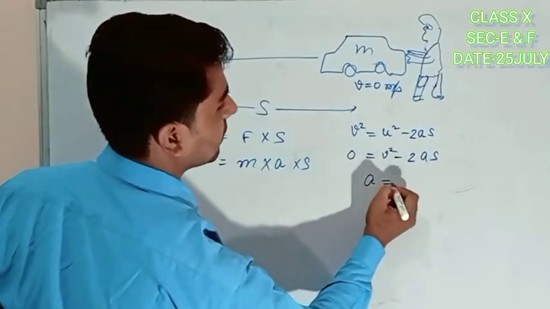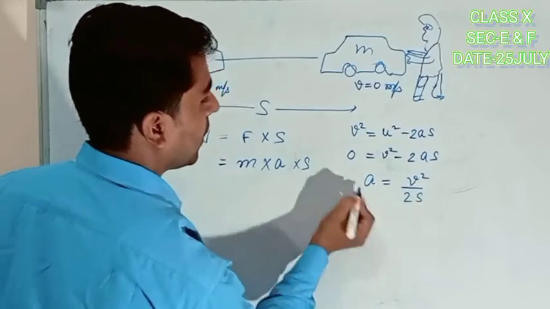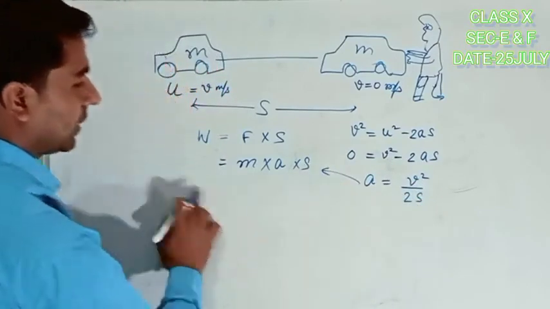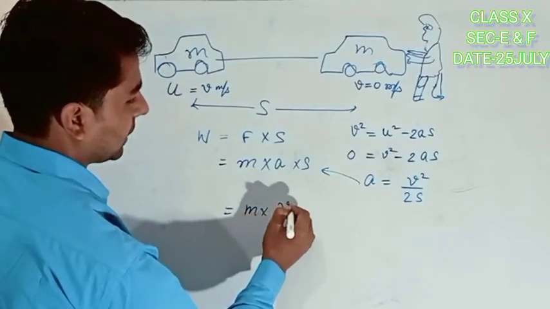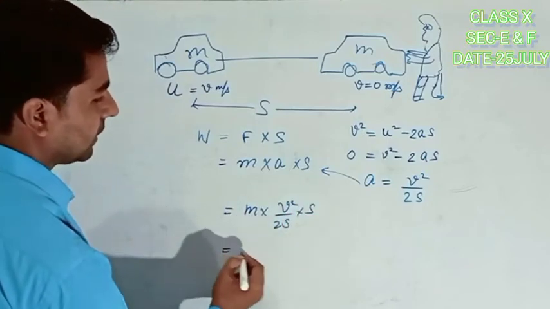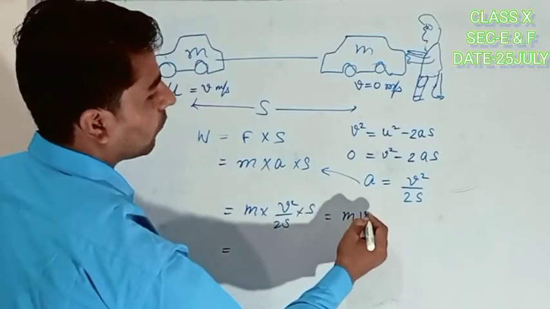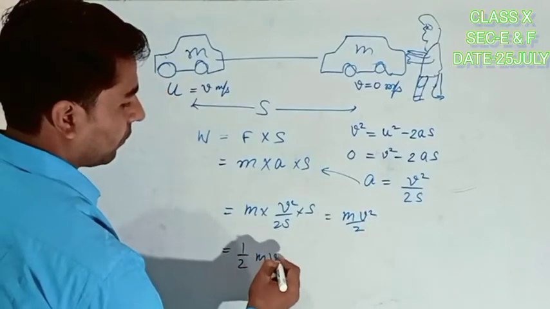So acceleration is equal to v square upon 2s. Fill this value of a here and let's see. Mass into v square upon 2s into s, and s is cancelled. What have you obtained? mv square by 2, or you can say half mv square.